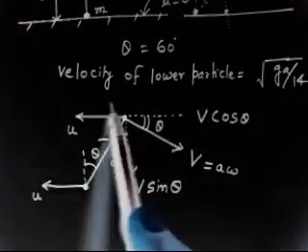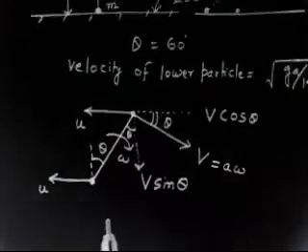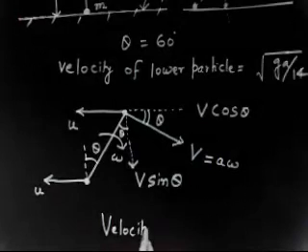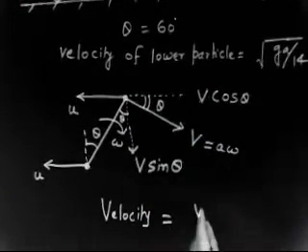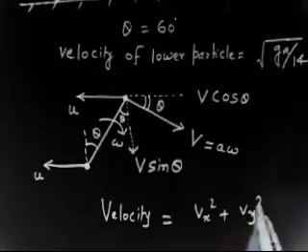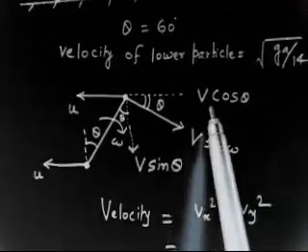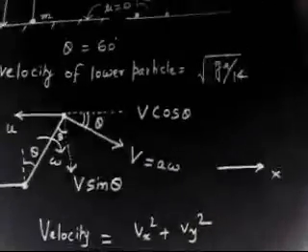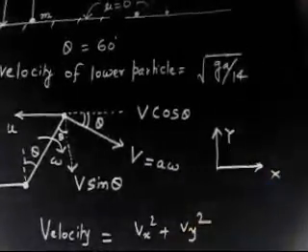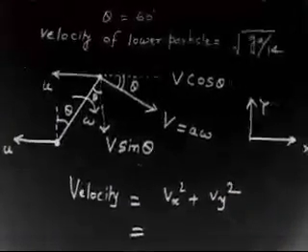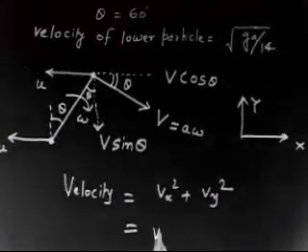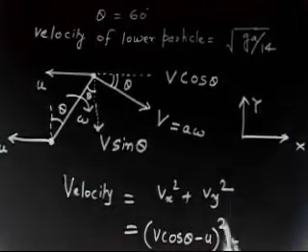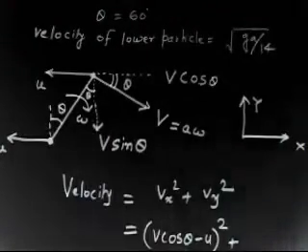So the total velocity of the upper mass is given by the square root of vx square plus vy square. Let this be my positive x-axis and this my positive y-axis. Are you getting? So the total velocity squared will be vx square, that is V cos theta minus u whole square, plus vy whole square, and vy is V sin theta.